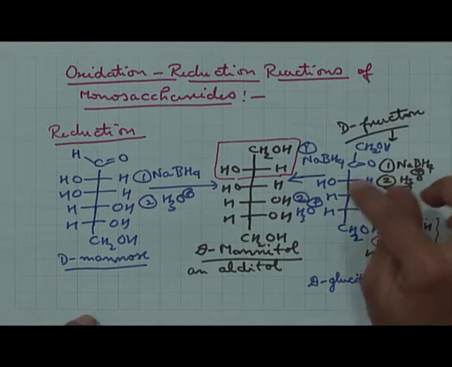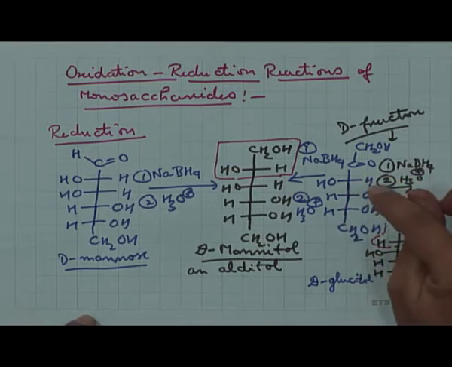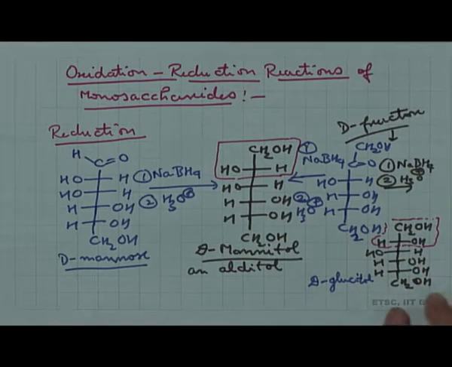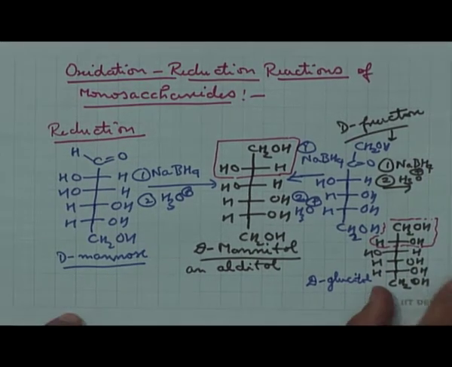If the hydride attacks from the top face, then it will give D-glucitol. If it attacks from the bottom face, then it will give D-mannitol. These two products are possible.